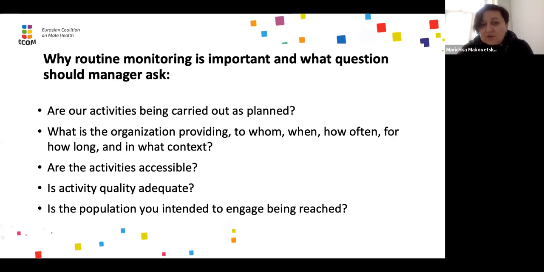What is the organization providing, to whom, to which beneficiaries, where are you providing your services, for how long, in what context? Then you may ask, what activities are accessible? Is the quality of the services you are providing adequate? Has the population you intend to engage been reached? So are all these parts of your monitoring system in place?